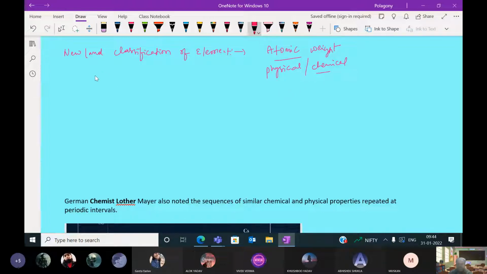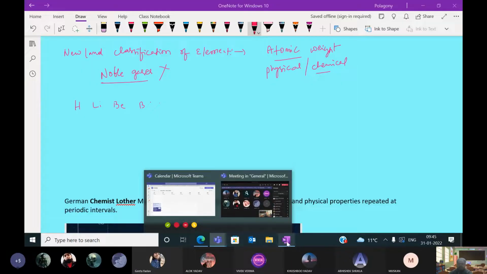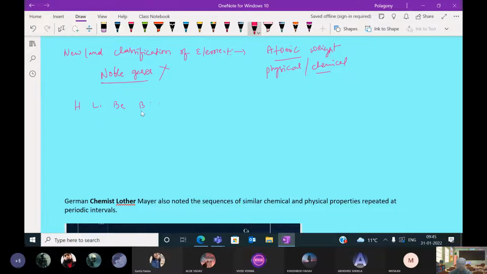How many elements were present at that time? At the time of Newlands, noble gases were absent, meaning not yet discovered. What elements were there? Hydrogen, lithium, beryllium, boron, carbon, nitrogen, oxygen, fluorine.